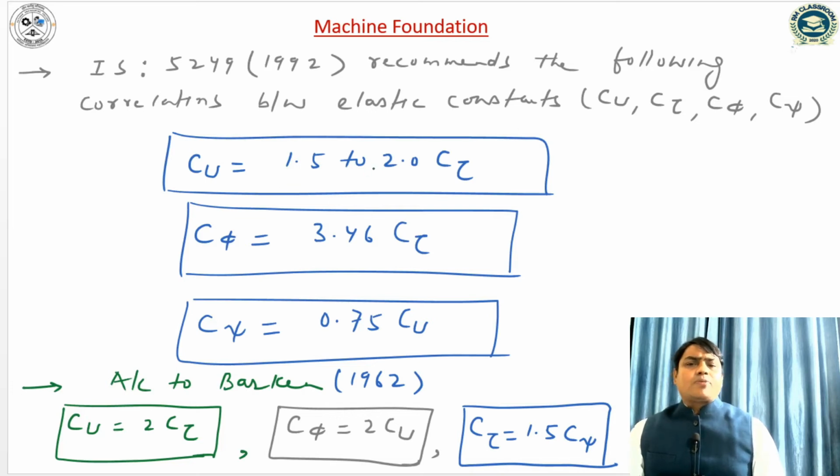Cu is equal to 1.5 to 2 times C tau, or generally we can take Cu is equal to 2 times C tau. Similarly, C phi is equal to 3.46 C tau and C psi is equal to 0.75 Cu. Barkan also suggested the correlation between these Cu, C phi, C tau. So Cu is equal to 2 C tau, C phi is equal to 2 Cu and C tau is equal to 1.5 C psi.